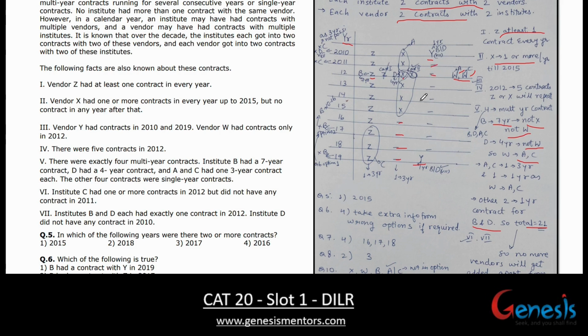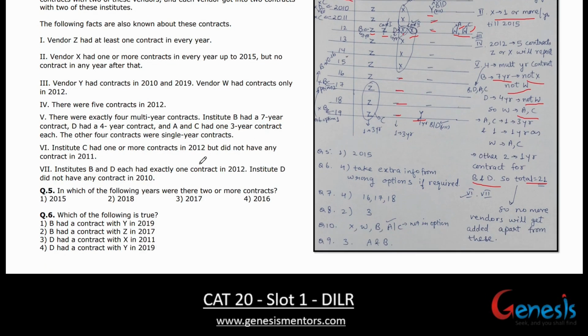Now the 21st contract is done, but out of Z and X we don't know which is repeated, right? So in case 1 we can take Z in 2012, in case 2 we can take X in 2012, right? Now the next condition is Institute C had 1 or more contracts in 2012 but did not have any contract in 2011, right?